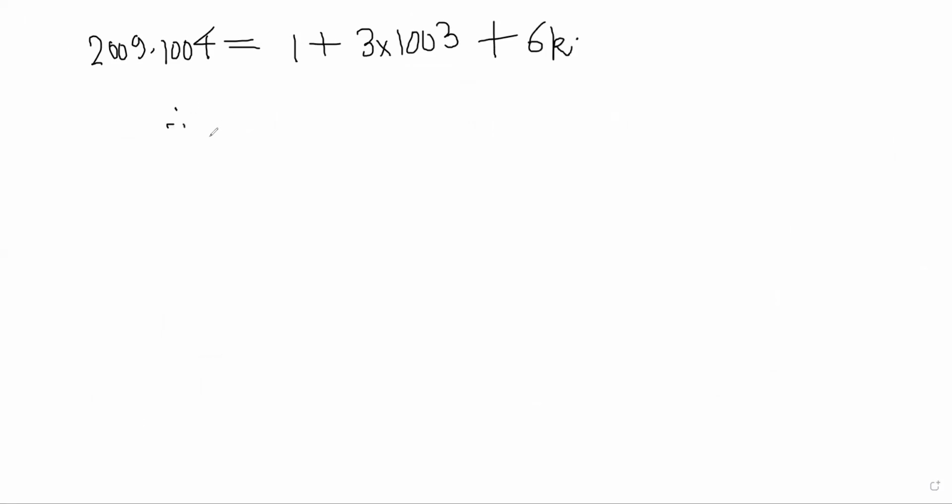It was 2009 C2, the value was 2009 into 1004, which is equal to 1 plus 3 into 1003 plus 6k. And from here, we can get the 6k value. You can calculate that. And finally, the k value comes out to be 335671.